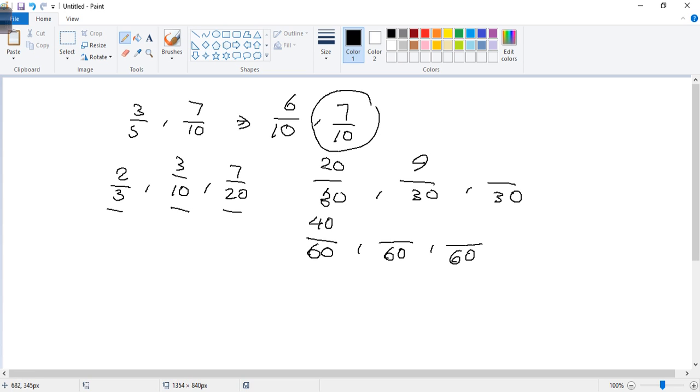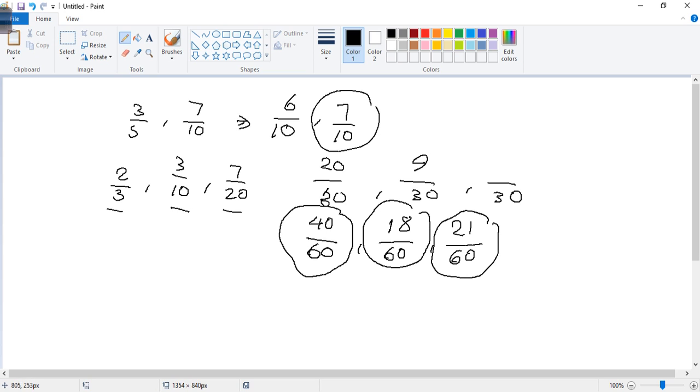And 10 times 6 is 60, so 3 times 6 is 18. And 20 times 3 is 60, so 7 times 3 is 21. So which one is the bigger fraction? The bigger fraction is 40 over 60, the second one is 21 over 60, and the last one is 18 over 60. So this is 1, this is 2, and this is 3. That is how we work it out.